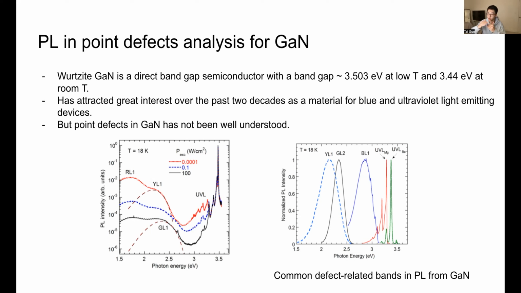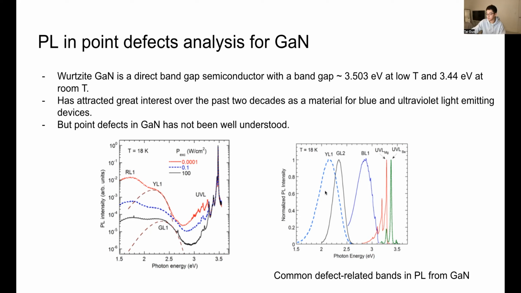Different defects will create different energy levels in the band structure, and those recombination processes give us photons with different energies. And here, the red diagram shows some other common defect-related bands in the PL.